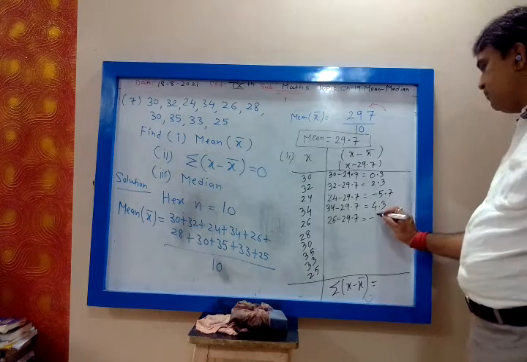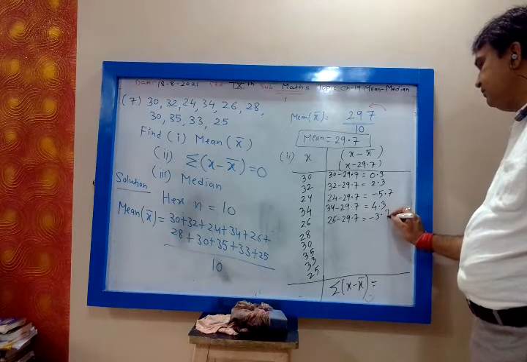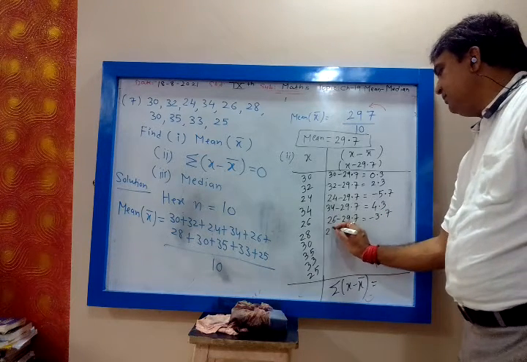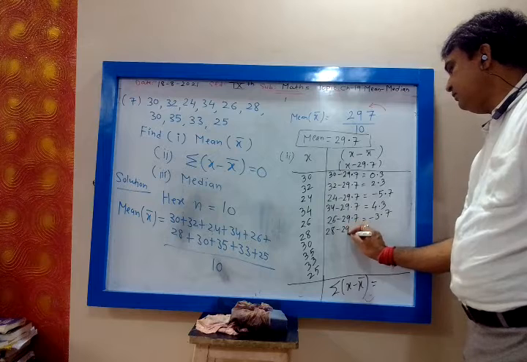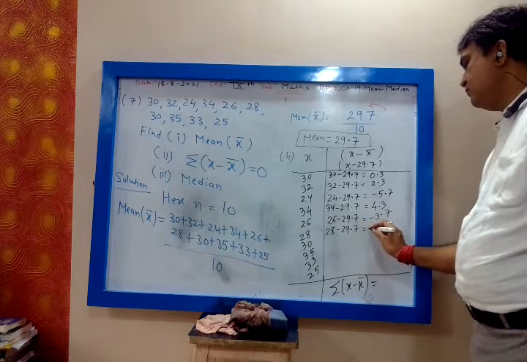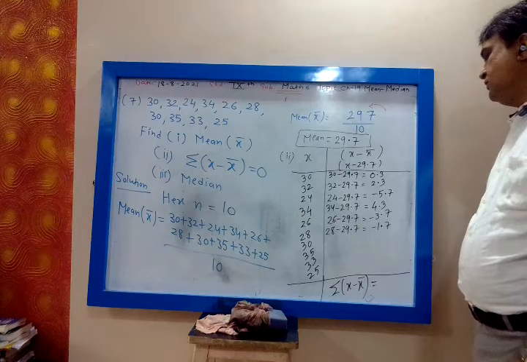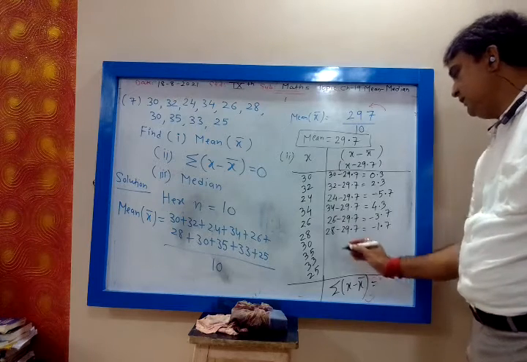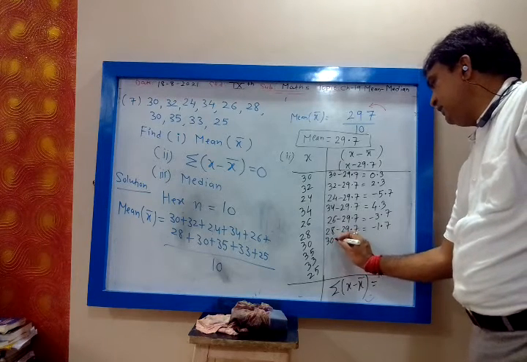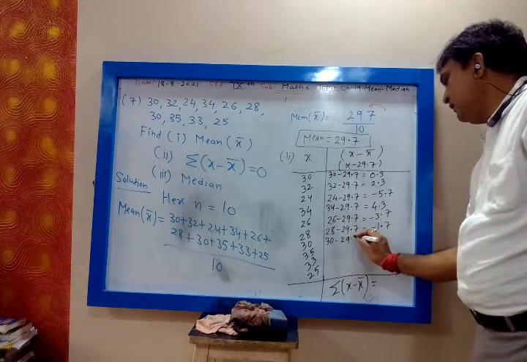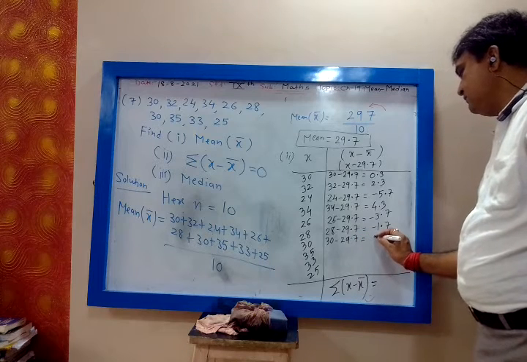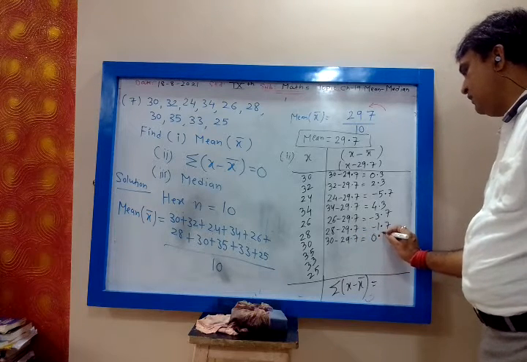Minus 3.7. Then 28 minus 29.7 is minus 1.7. Okay. 30 minus 29.7 is 0.3.